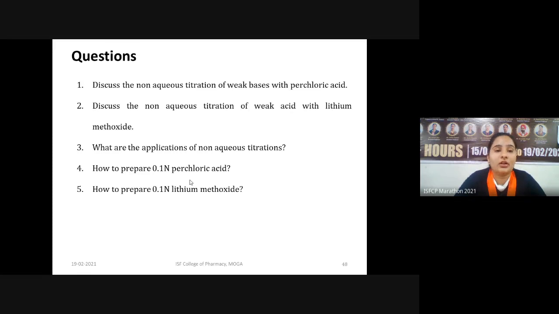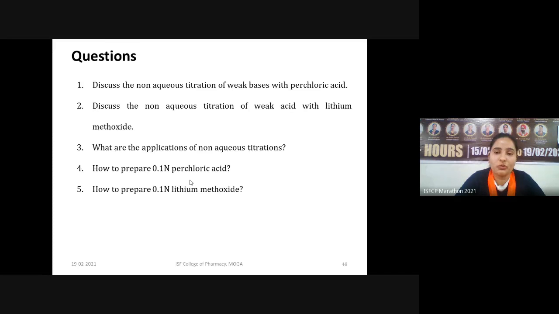And the next question is, discuss the non-aqueous titrations of weak acid with lithium methoxide. In this, we have also studied how the solutions were prepared.